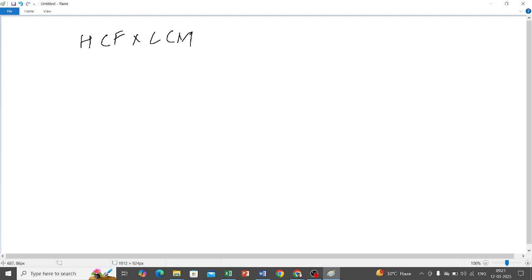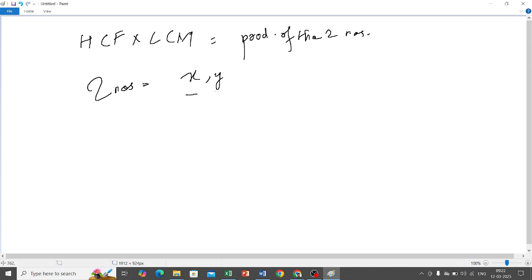Okay. HCF into LCM is the product of the two numbers. Say, for example, the two numbers are x and y. The HCF of these two numbers is HCF and the LCM of these two numbers is LCM.